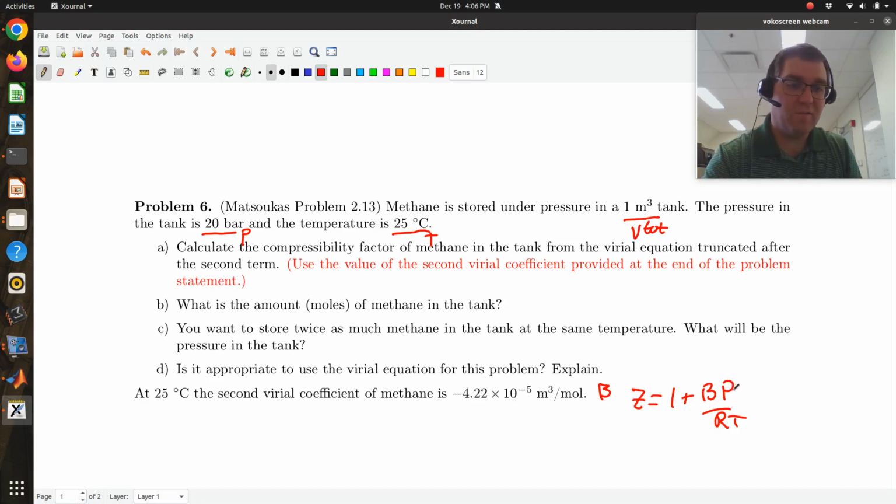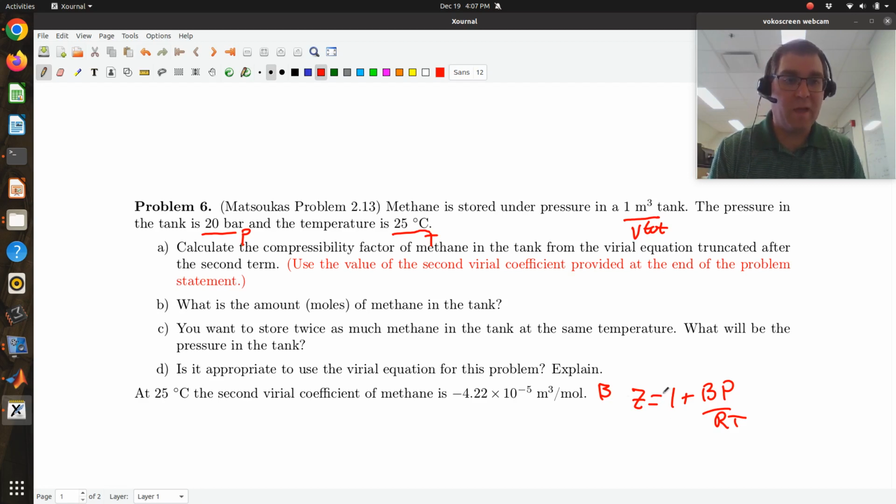So in this case, P and R should be in SI units. The key is what I want you to get a feel for here: typically we can only compute 1 or 2 additional terms. So at most we have our second or third virial coefficient. You could think of it as a first order, or if you had that third virial coefficient, second order correction beyond our ideal gas equation of state.